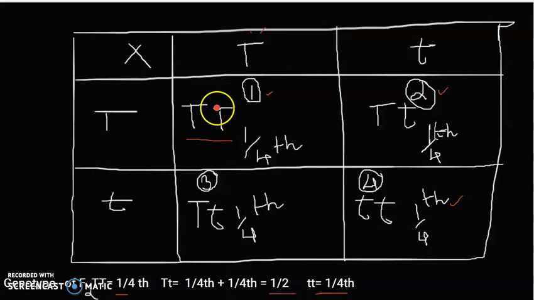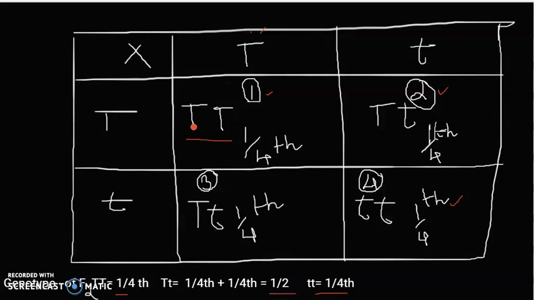Whether what we write as capital T capital T and capital T small t is correct, we don't know, because we are just seeing the tall plants and through mathematical expression we have found it. But when you just see a plant with the naked eye, when you see tall plants of the F2 generation, how can you say that this plant has capital T and this plant has small t?